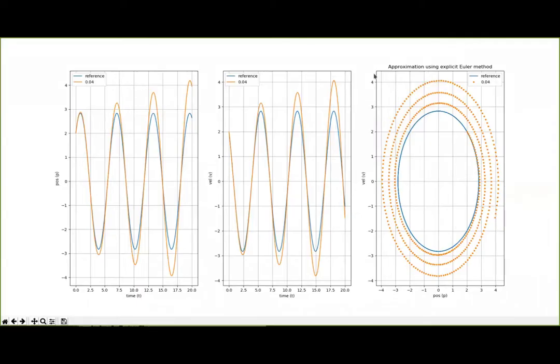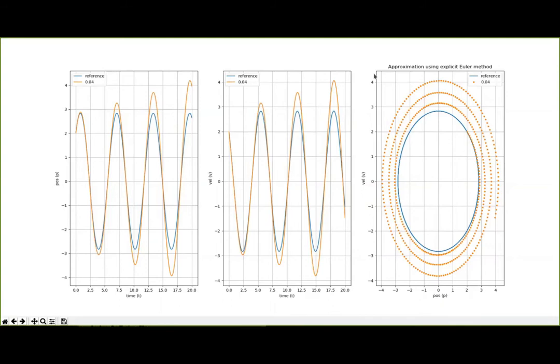As we come back to our harmonic oscillator example, and not only plot the reference solution, but also an approximation using the explicit Euler method, we can confirm the difficulties that the explicit Euler method has with that harmonic oscillator problem. We indeed observe a growth of the energy of the system.